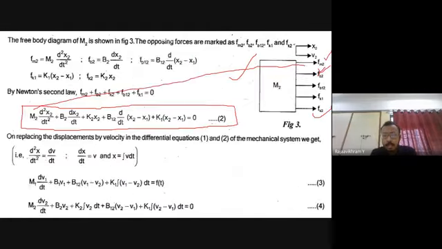But you see that K1 and B12 are common between M1 and M2. Again, I informed you, you have to start from the M2 side to the M1 side. Therefore, B12 d by dt into X2 minus X1 plus K1 into X2 minus X1. That is the displacement on the M2 side minus the displacement on the M1 side. So you are clear how to derive this differential equation 2.